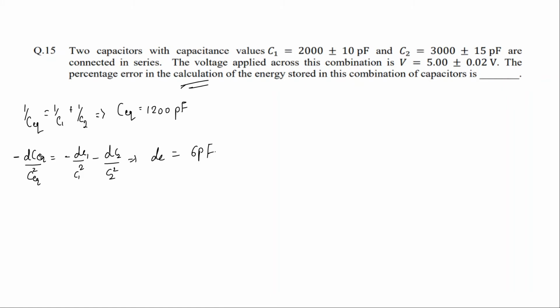Okay, then after this you get the energy formula, U is 1 by 2 C equivalent into V square.